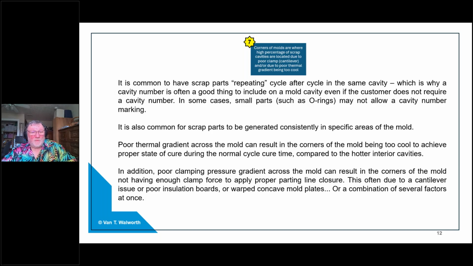So knowing and understanding why those corners have problems, they can be designed out and they can be minimized by mitigation and countermeasures such as better insulation boards, better designs in the mold, better ways to understand what cantilever is doing to you, and better heat distribution techniques.